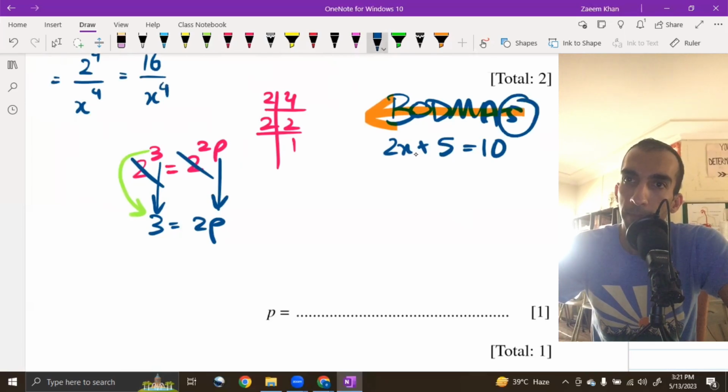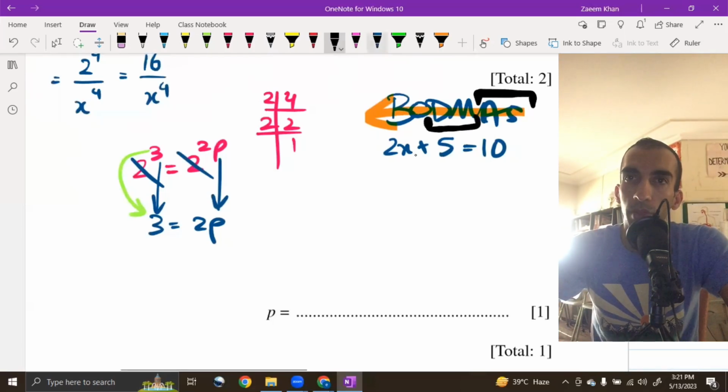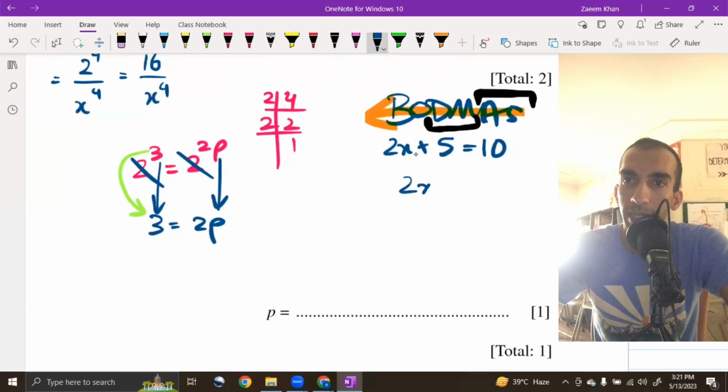What does this S stand for? Subtraction. So whatever's getting added into the expression needs to go over there and get subtracted, because addition cancels subtraction. BODMAS works in pairs. Addition cancels subtraction and multiplication cancels division. So whatever is getting added needs to go over there and get subtracted.